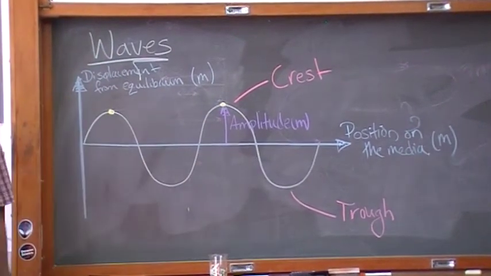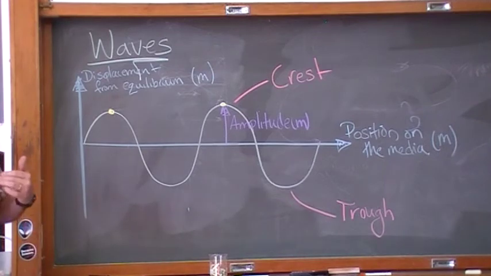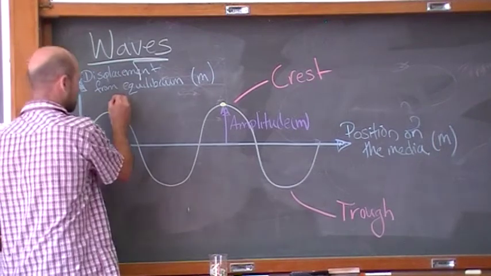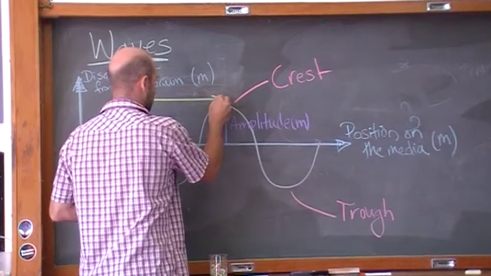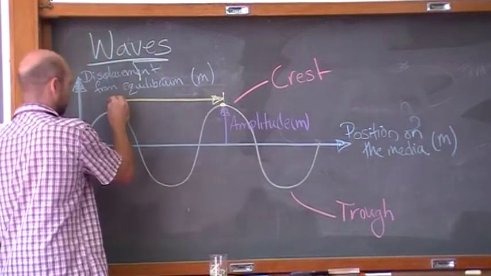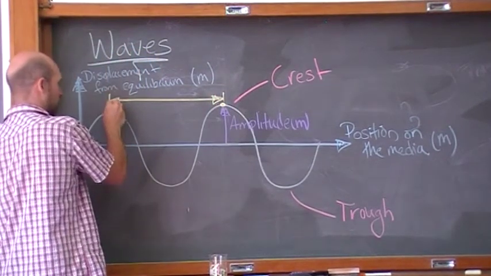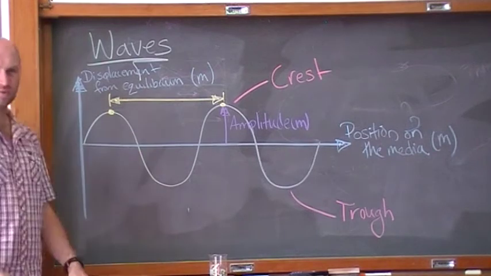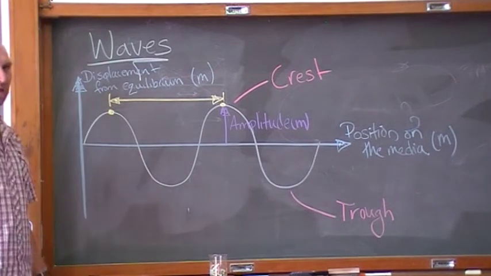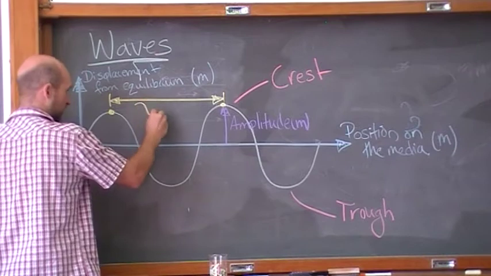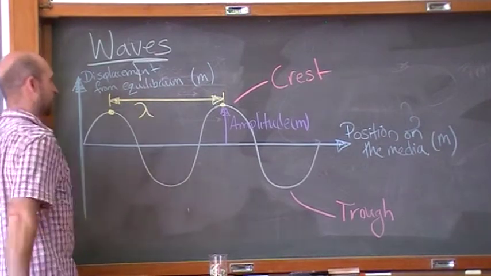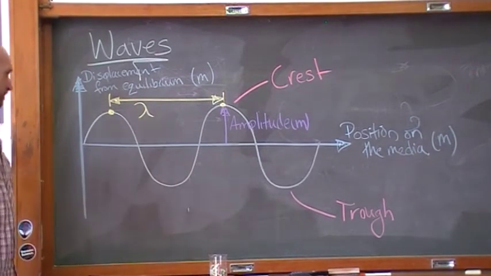Wavelength. We're thinking length, so we're thinking a distance. It's the distance from that part to that part. And the symbol we use, Greek symbol lambda. It looks like that.